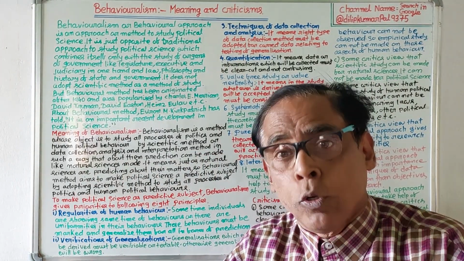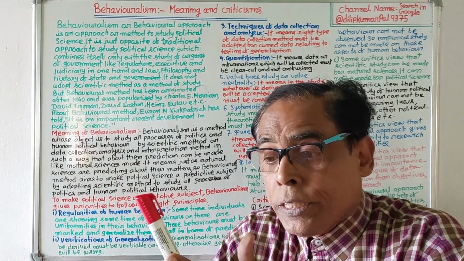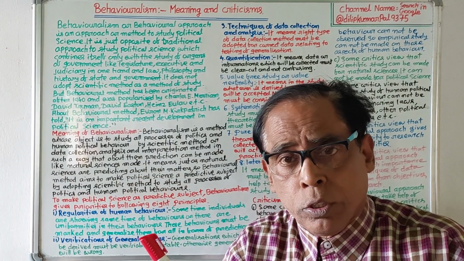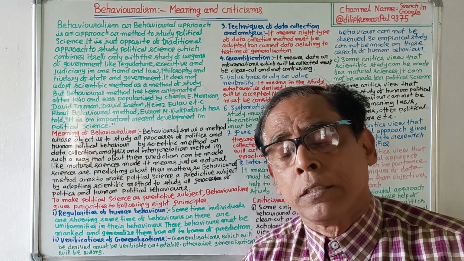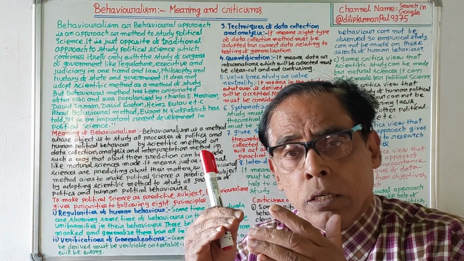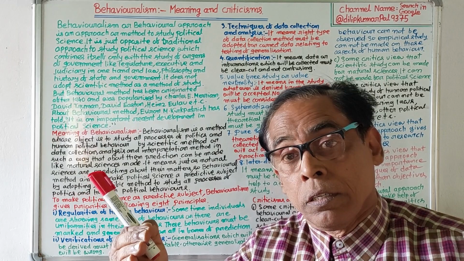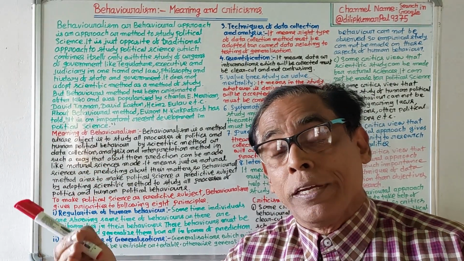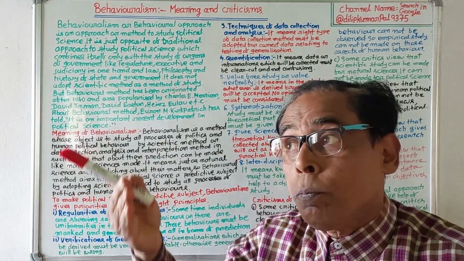Just as natural sciences predict about their matters, the object of behavioralism is to study all processes of politics and human political behavior in a scientific way so that prediction can be made about political facts.